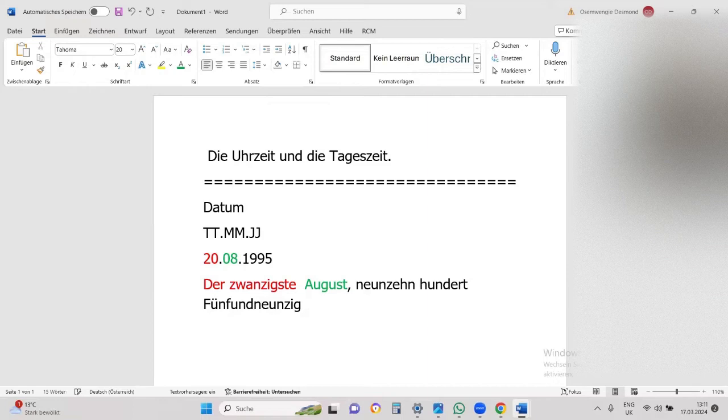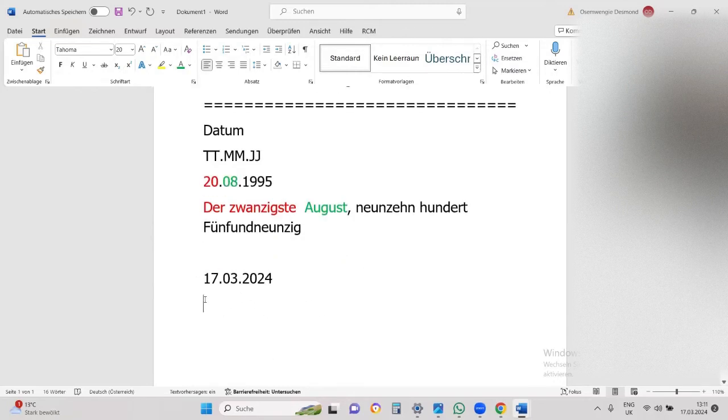Let's take one more. I want to read this date in German. Then we'll take today's date. So if someone asks you what date is today, how do you read that?